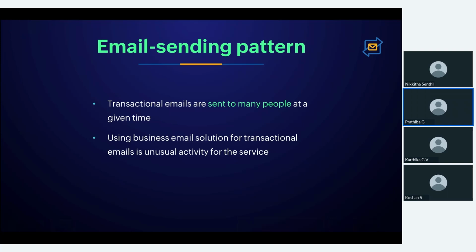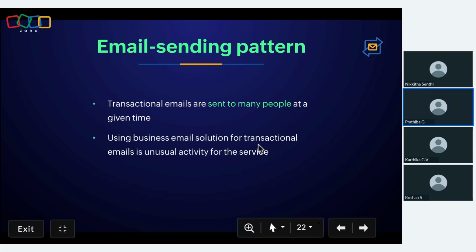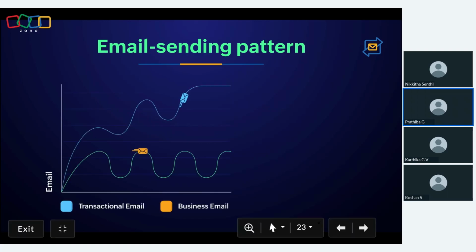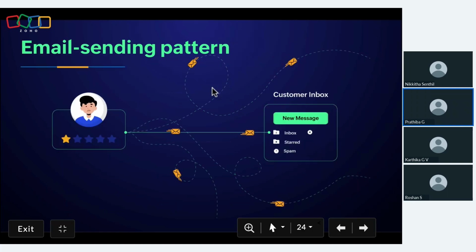So say, for example, in Sam's case, in the place of sending 50 emails in a day, 5,000 emails were being sent. And since a business service is not supposed to be used to send such bulk emails like transactional emails, this will be considered an unusual activity and may reflect poorly on the sender's reputation. As a result of that, there could be deliverability issues too.